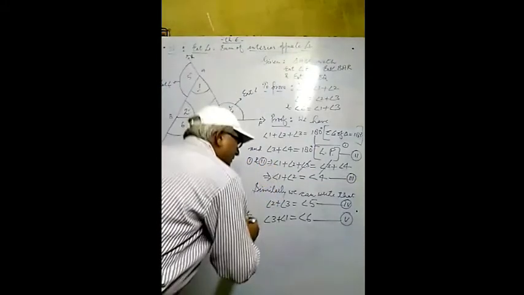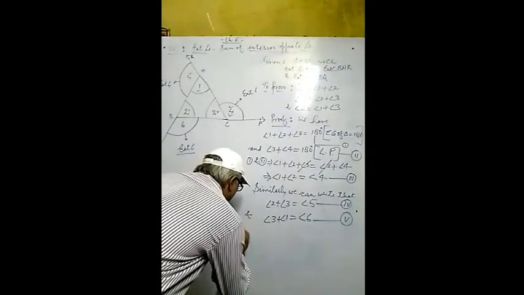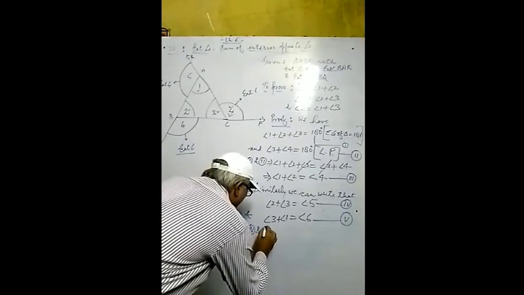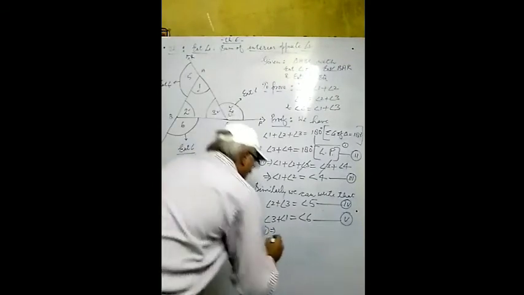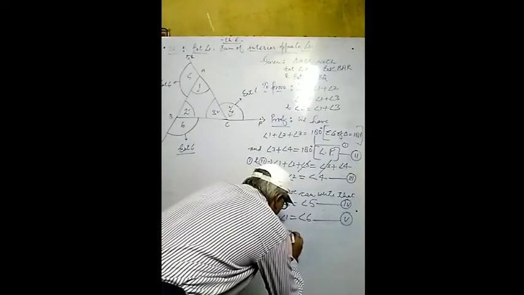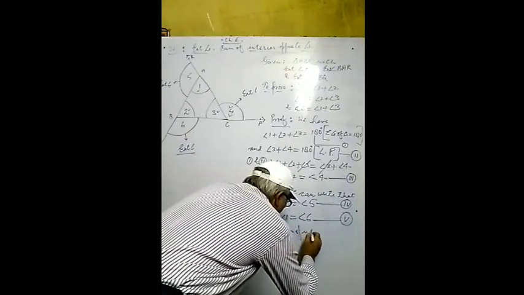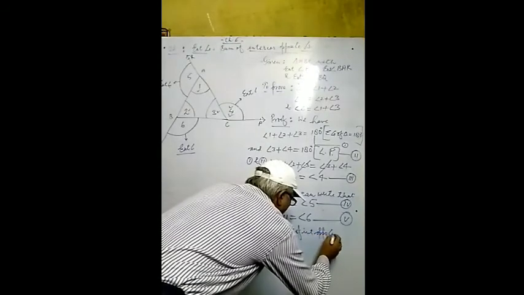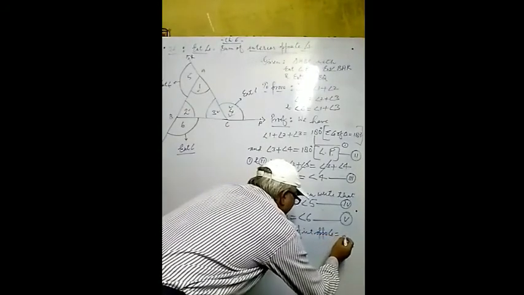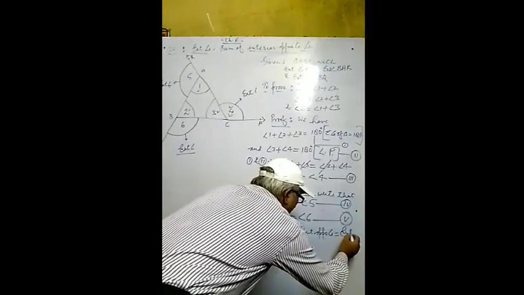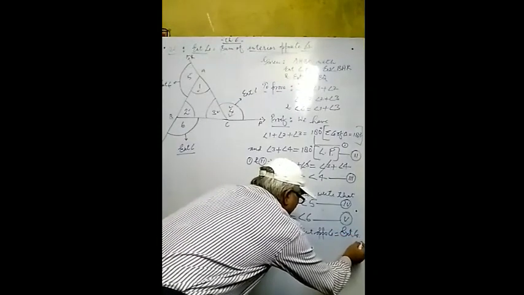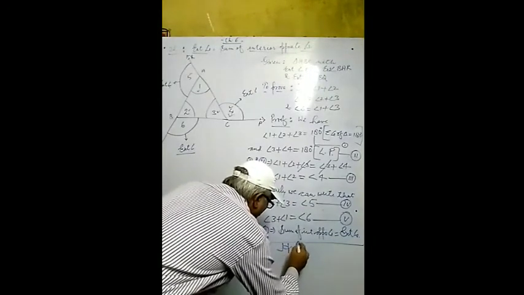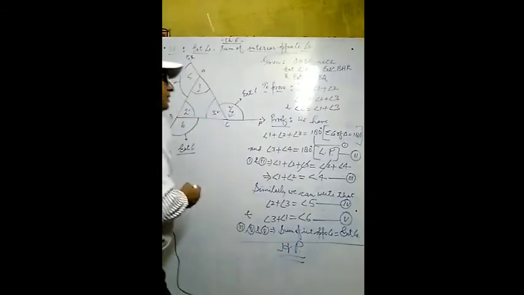So equation numbers 3, 4 and 5 imply the sum of interior opposite angles is equal to the exterior angle, and this one is required. At last we will note down, hence proved. Now the work is finished here.